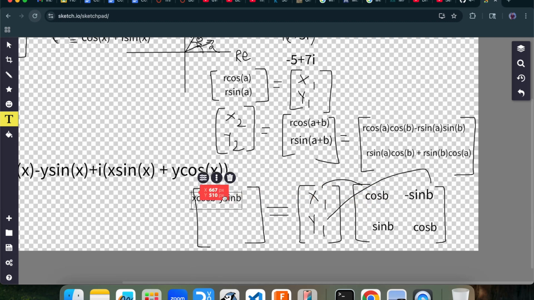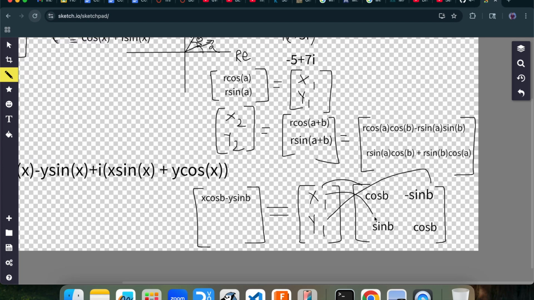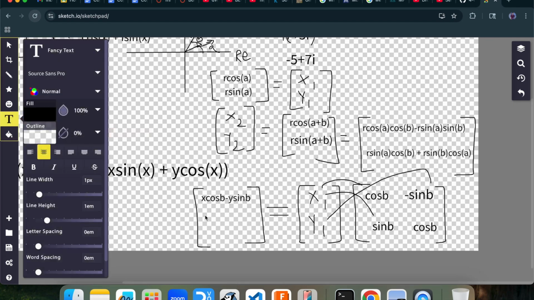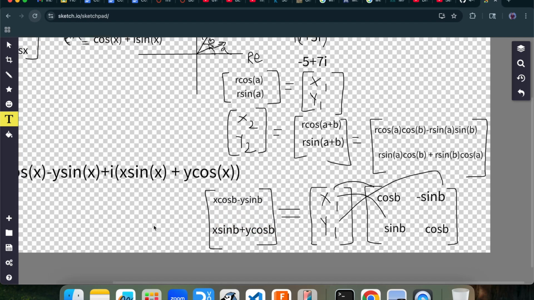And then you get x sine b plus y cosine b. Alright, hopefully this is correct. Okay, x sine b plus y cosine b.